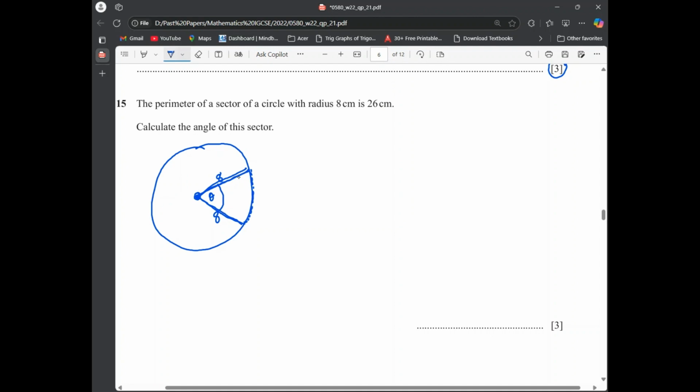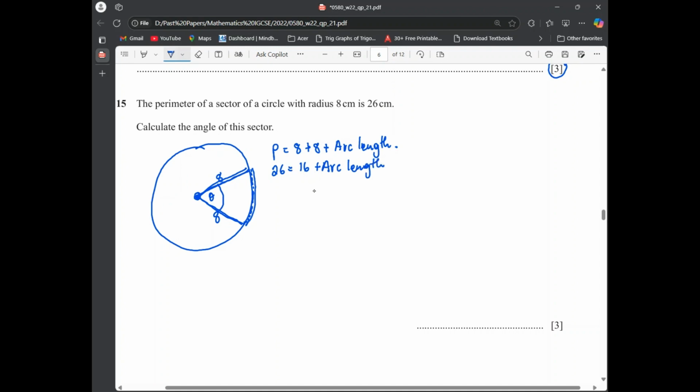The perimeter of this sector then, perimeter is equal to 8 plus 8 plus this arc length here. Perimeter is nothing else but the outside covering. But we are given that this is 26.